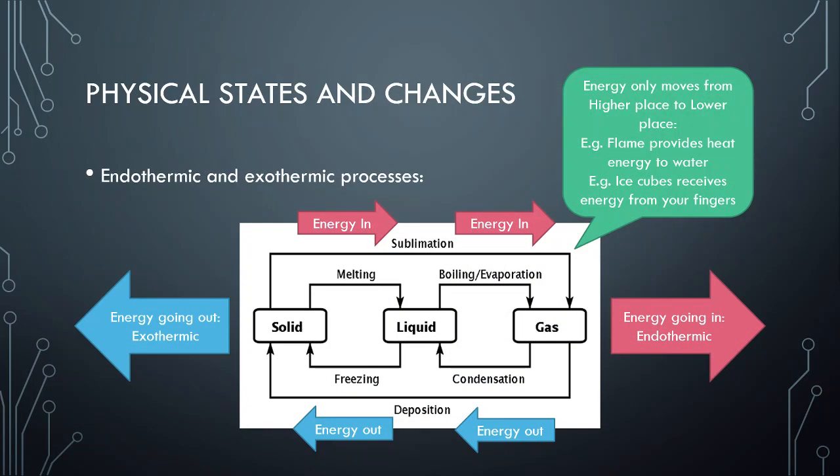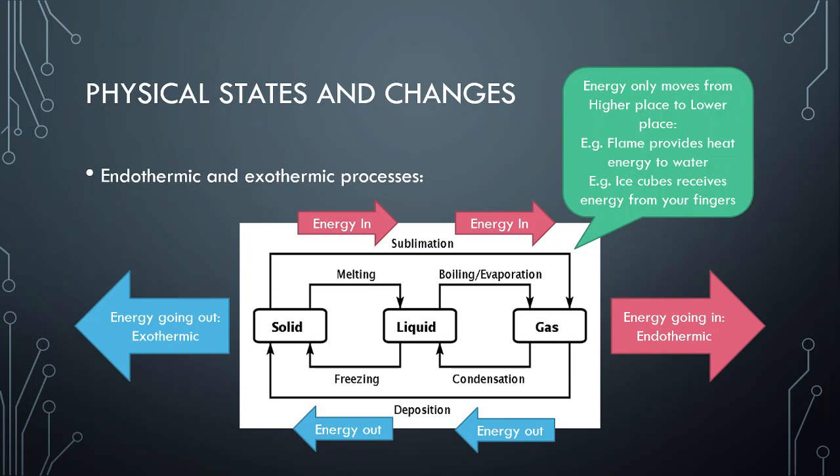Energy only moves from higher place to lower place. If you're looking at, say, an ice cube, and you touch it, you feel cold. It's because your finger is losing energy to the ice cube, so that solid water can gain energy to become liquid.